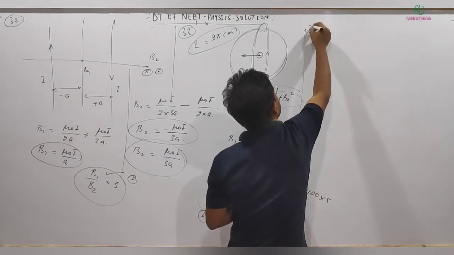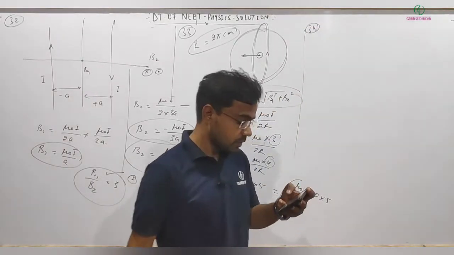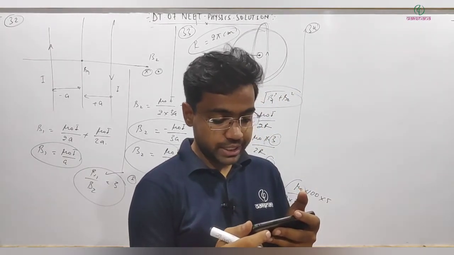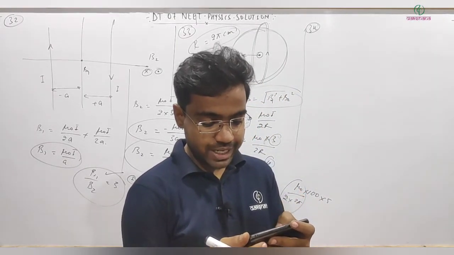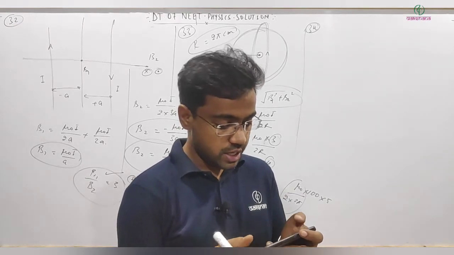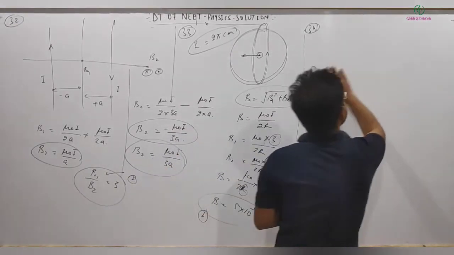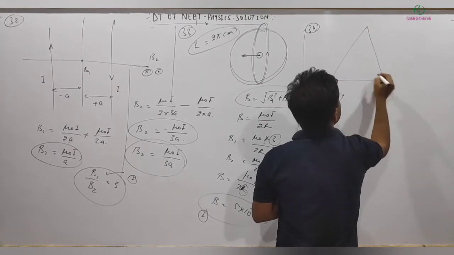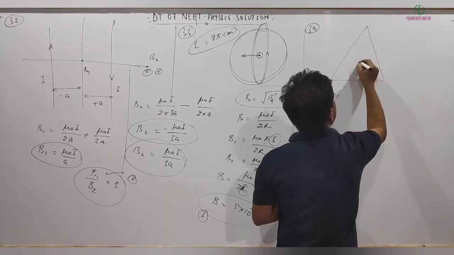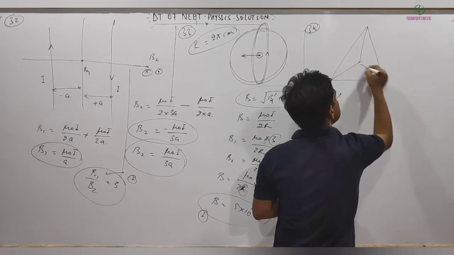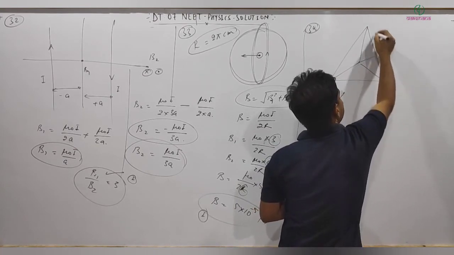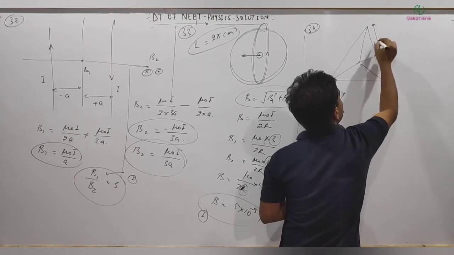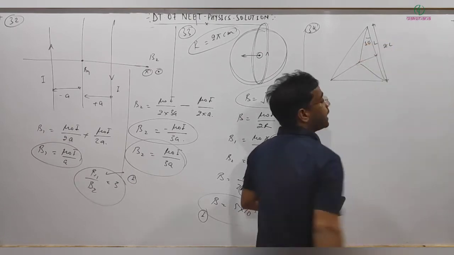Next question number 34. The magnetic field at the center of an equilateral triangular loop of side 2L and carrying a current I is. So here we have an equilateral triangle, like this, and its side is given as 2L, so this will be L, this is a 30-degree angle.